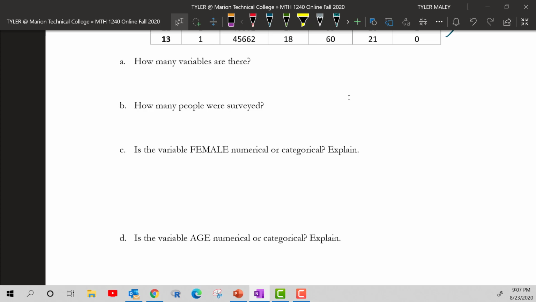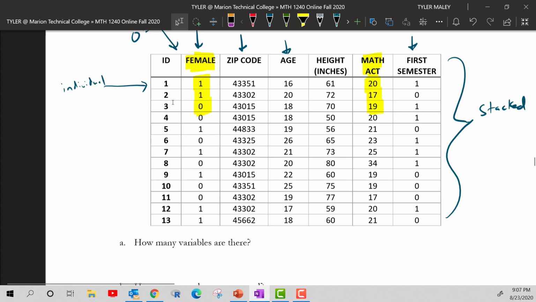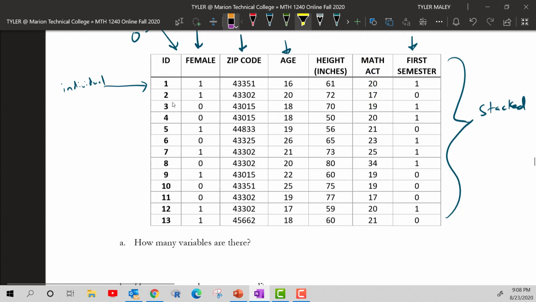Part A is how many variables are there, right? If I want to figure out how many variables there are, I'm essentially counting the columns. So all of these headings at the top are the variables, right?